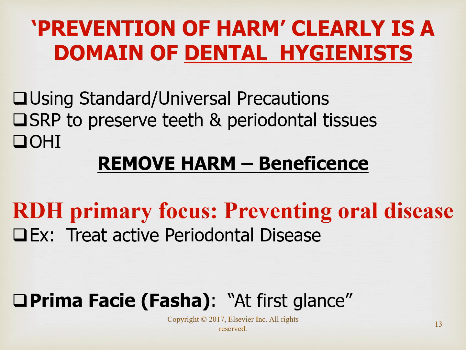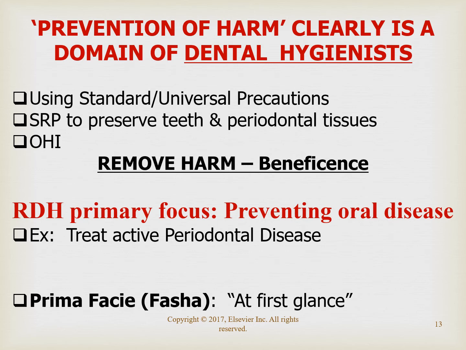Giving oral home care instruction is trying to prevent harm. So removing harm is, remember, hooked with beneficence. Our hygienist's primary focus, of course, is to prevent oral disease and always maintain the oral health of our patients.